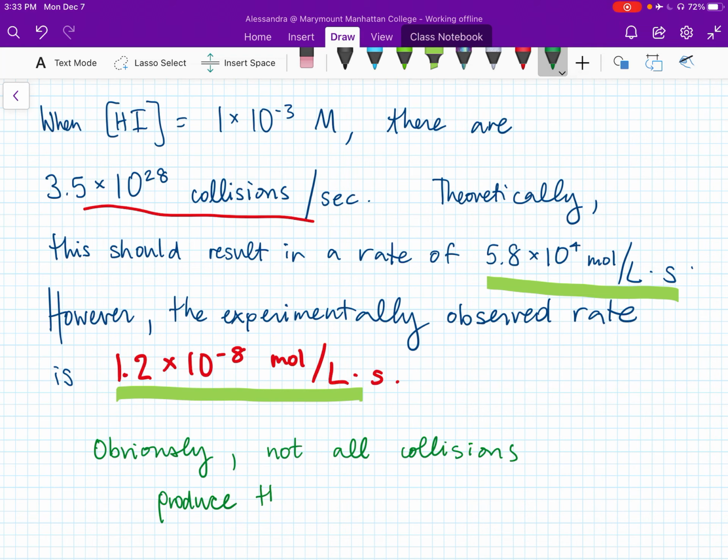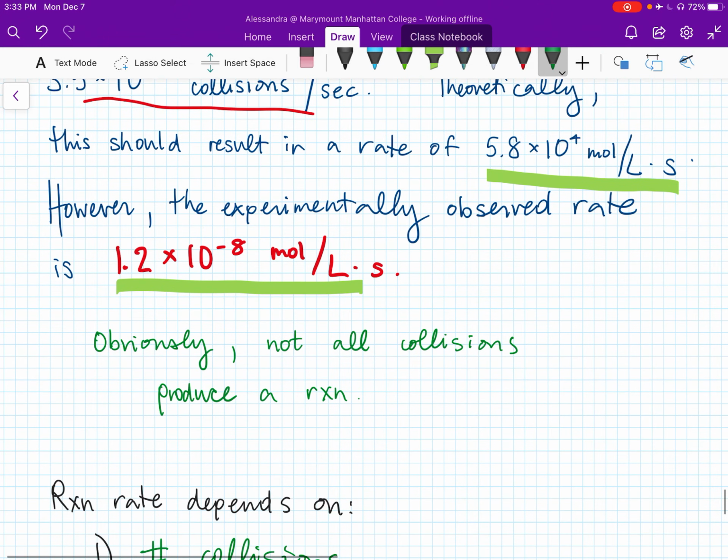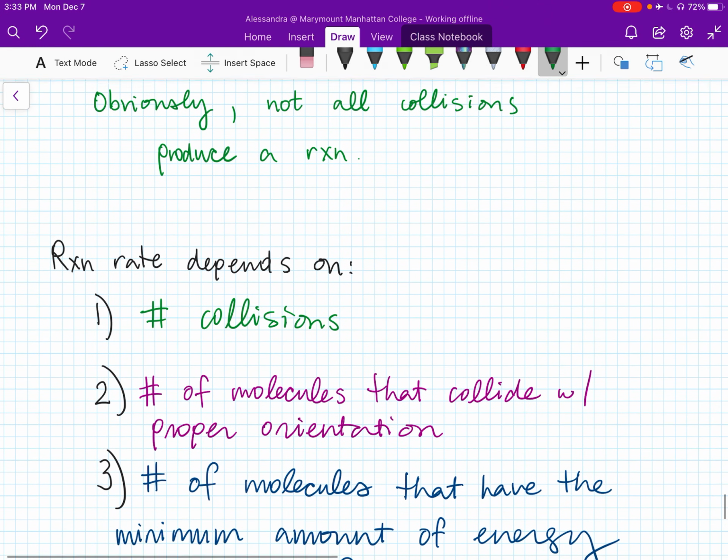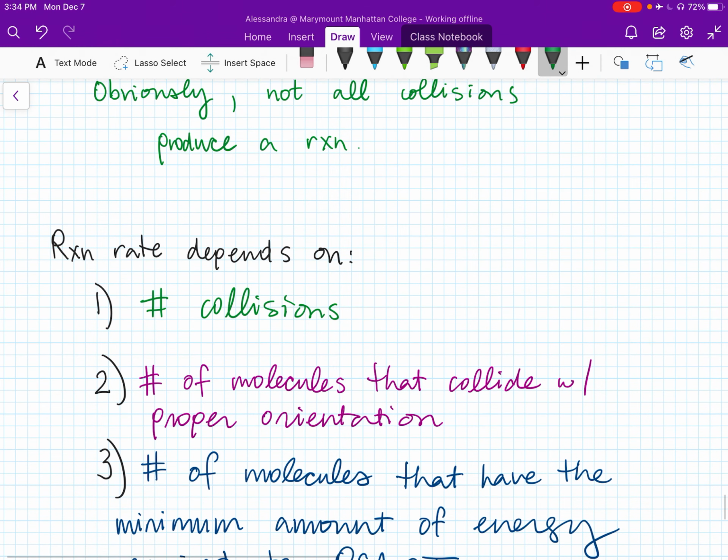So there must be more than the sheer number of collisions to consider when we think about bonds breaking and forming, because not all collisions can result in a chemical reaction. So, in addition to just the sheer number of collisions, reaction rate depends on some other things as well.